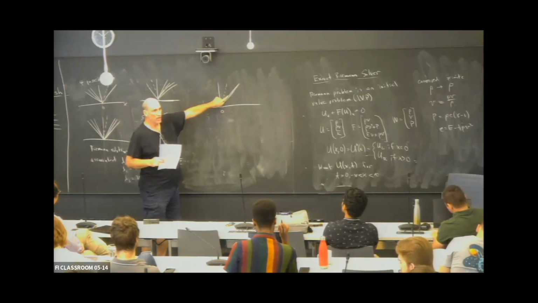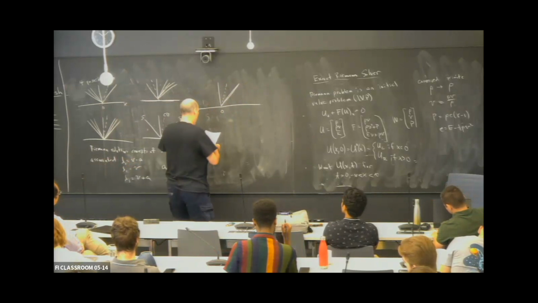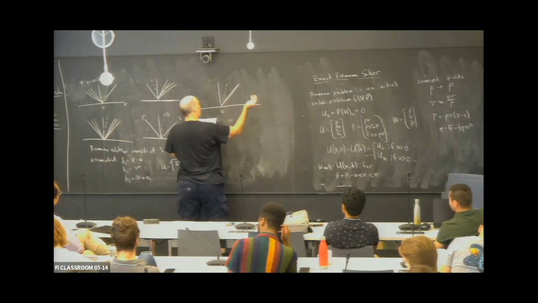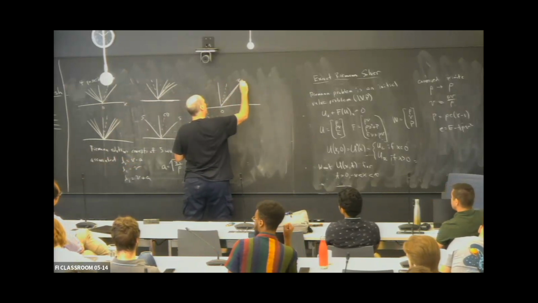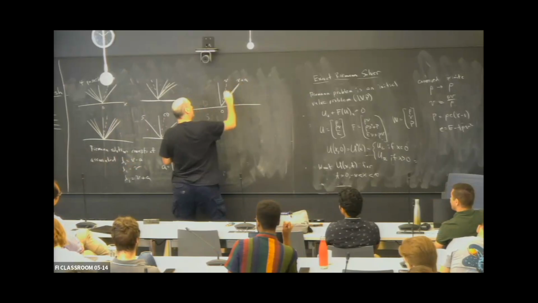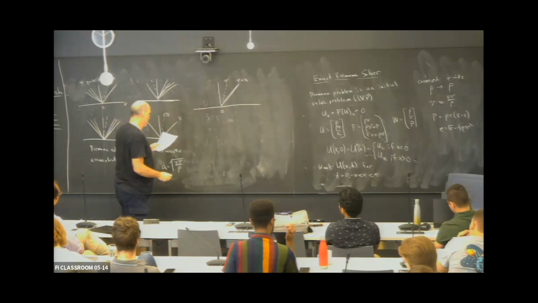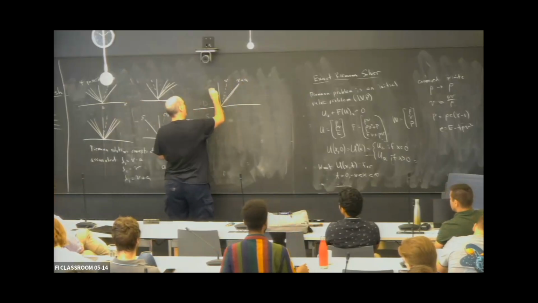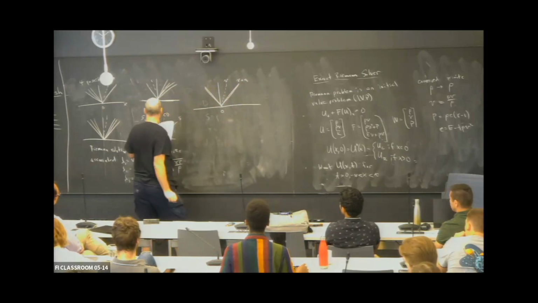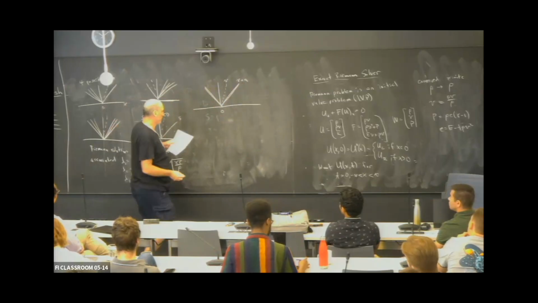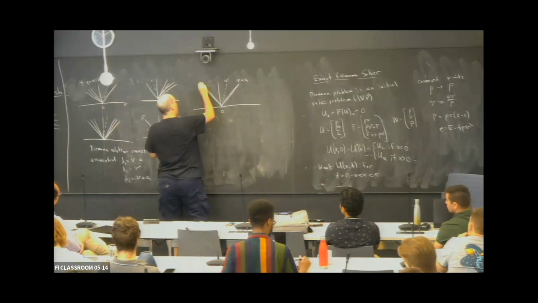This could be either a shock or a rarefaction. This is the contact discontinuity. So this one goes with this speed, V plus A. This contact has speed V. And this other nonlinear wave going to the left, which could either be a shock or a rarefaction, has speed V minus A.